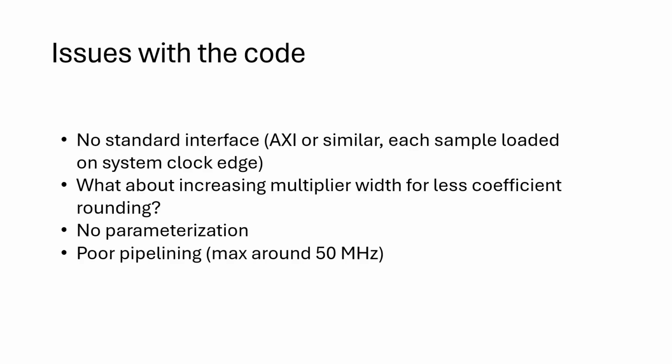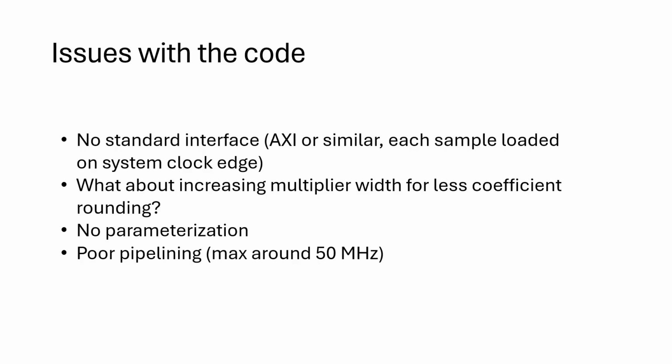One of the big issues is the poor pipelining of it. So the maximum speed that this code can run at is a little above 50 megahertz. Or it's somewhere in between 50 and 100 megahertz. It passes timing at 50 megahertz and it fails timing at 100 megahertz. So just keep that in mind.